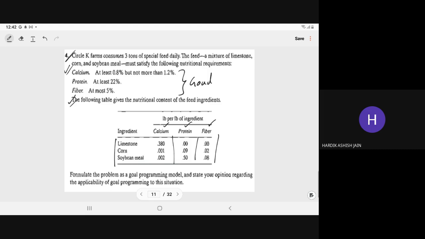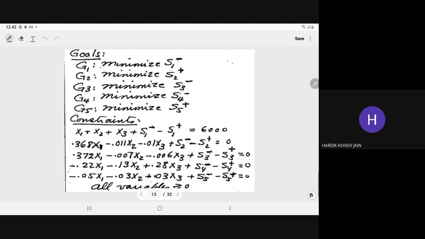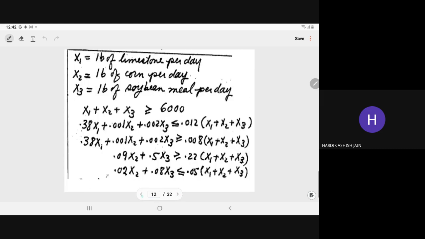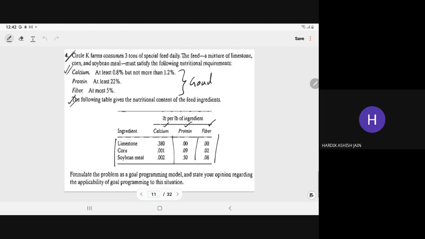Question is clear? So here, let's say you are consuming x1 amount of limestone, x2 amount of corn, and x3 amount of soybean per day. Just make the change, because we have the solution here.